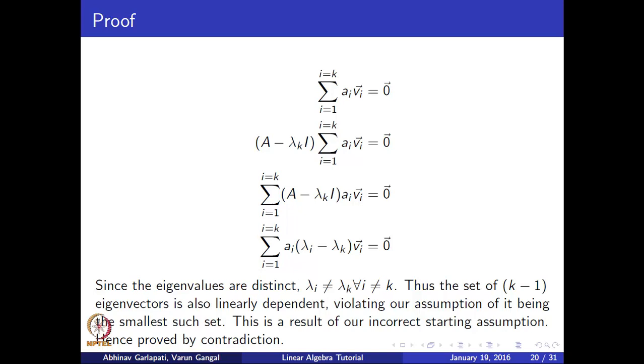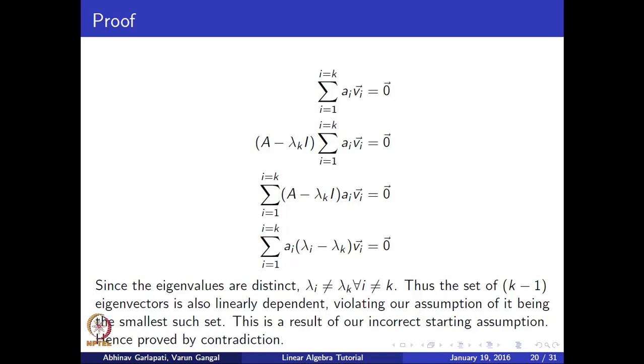Now for the remaining eigenvalues, since we know they are distinct, the term lambda_i minus lambda_k cannot be equal to 0. Note that (A minus lambda_k I) times Vi simplifies to (lambda_i minus lambda_k) times Vi, since A Vi equals lambda_i Vi.